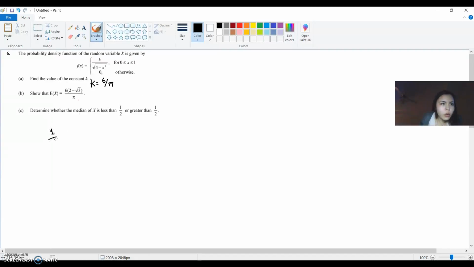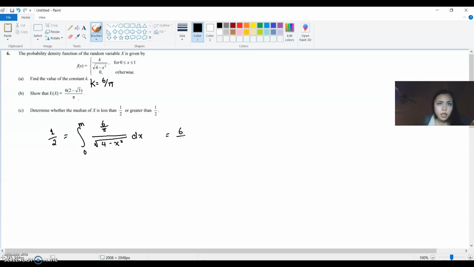So just like what we did in part A, we're using the integral from 0 to whatever the median is, let's call this m, of k, which is 6 over pi, times 1 over root 4 minus x squared dx.